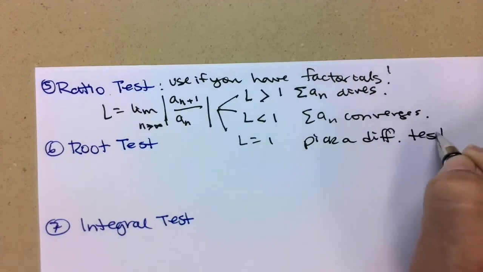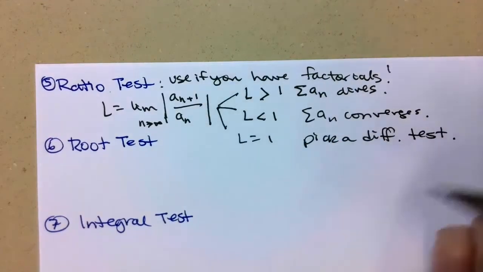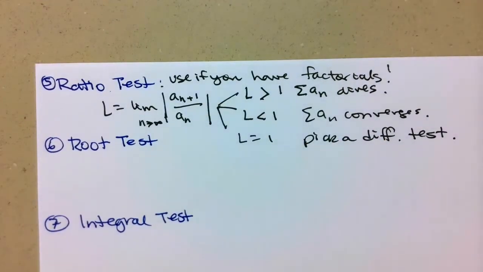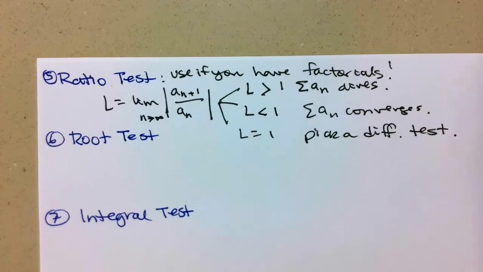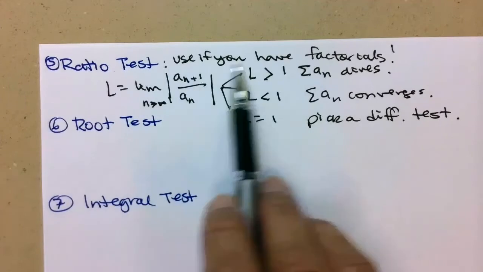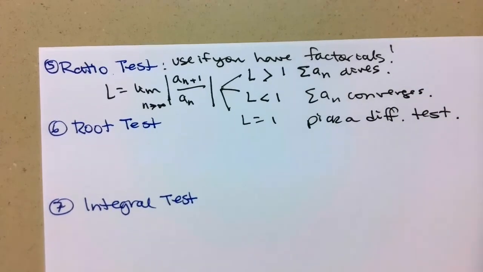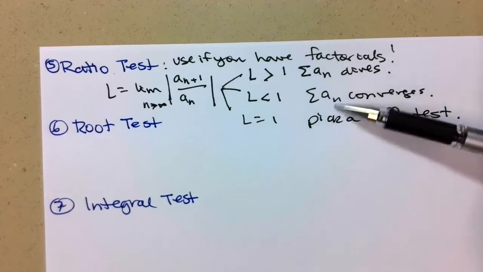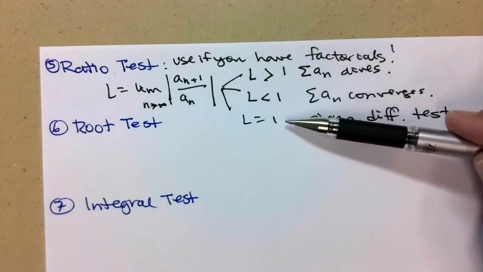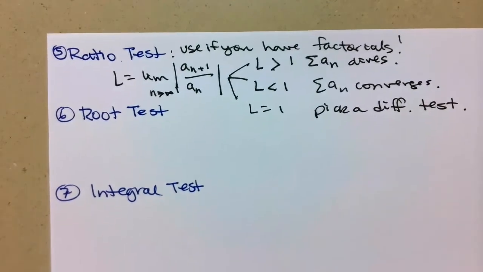So it didn't give you any information. If the ratio of the subsequent terms is 1, then it's not the ratio test. We say it's inconclusive. Okay, so you pick a different test. So you can use the ratio test for other things. It's just, if it's not a factorial, or sometimes polynomials, you can do this. But if it's not one of those, quite often you're going to get this L equals 1 situation. And so then you just have to go do a different test anyway.